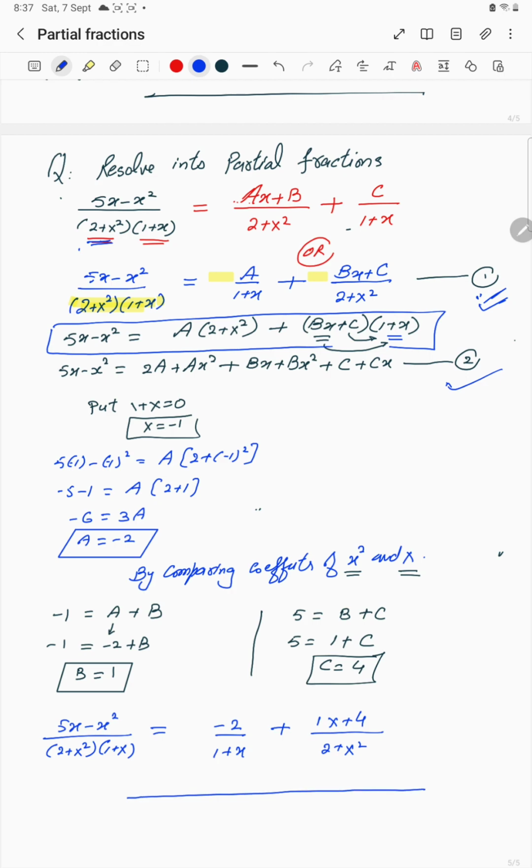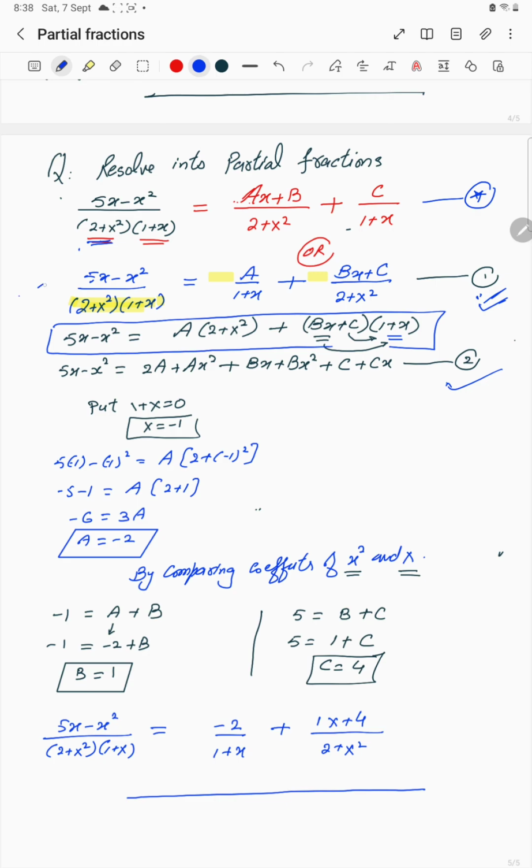Again, I'm telling you, be careful, as you started simplifying equation 2 from equation 1, not from this equation, the star equation. If you take the star equation, then the shifting of the coefficients will be different. You got my point? I hope it is clear.